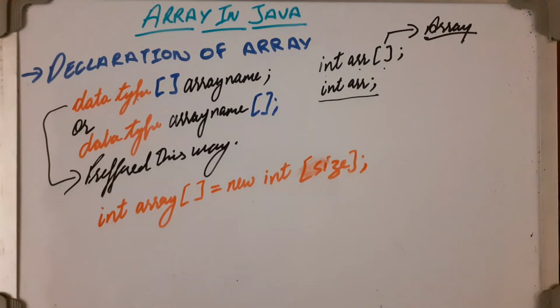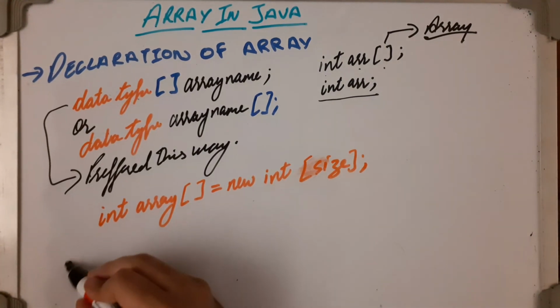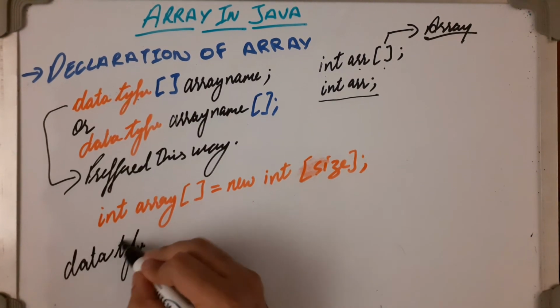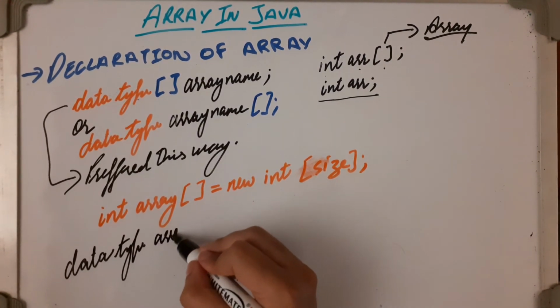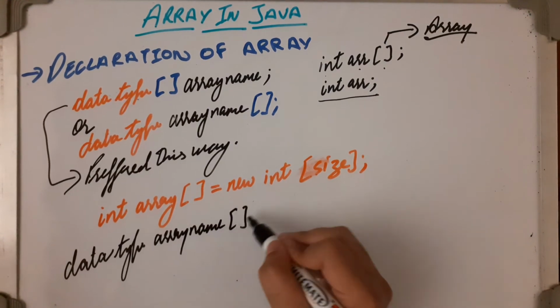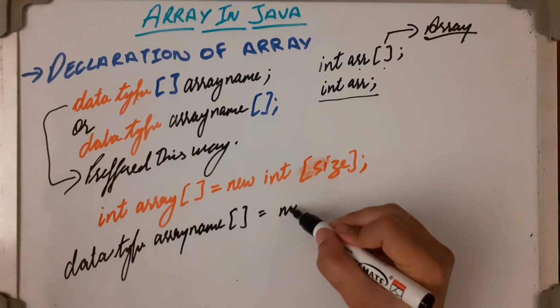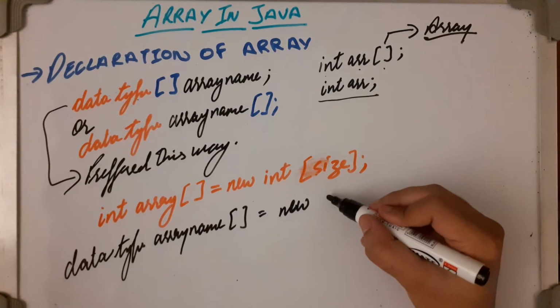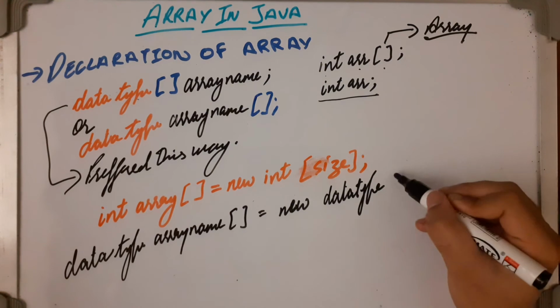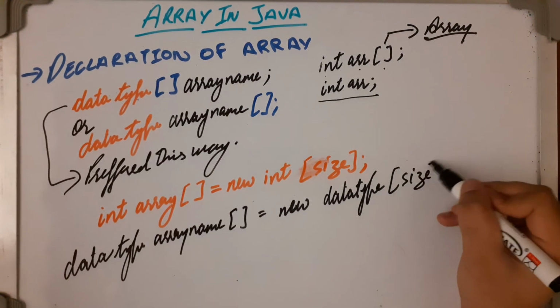First you have to write the data type, then the array name, then square braces, then the new keyword to allocate the memory, then new, then again the data type, and then the size.